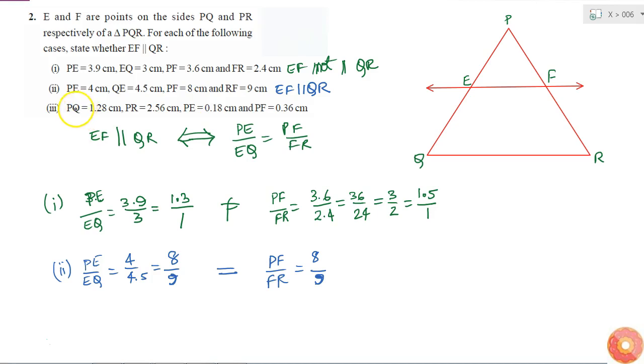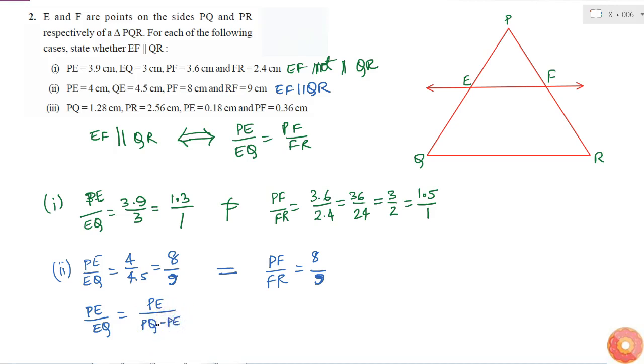Okay, and then the last one, I am given the values of PQ and PR and PE and PF. So I am given PQ and PE, but I am not given EQ. So what I can do is write EQ as PQ minus PE, right? So PE by EQ is equal to PE by PQ minus PE.